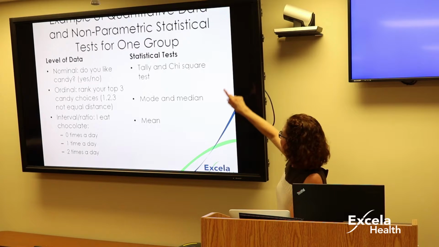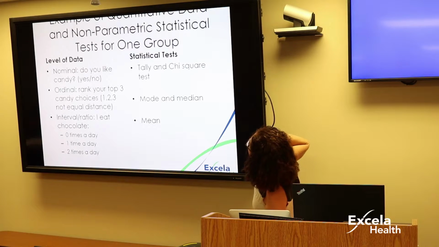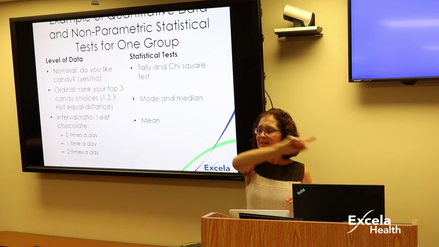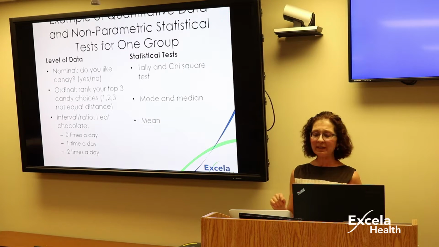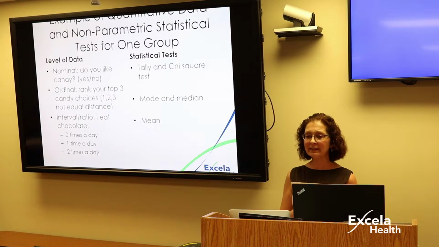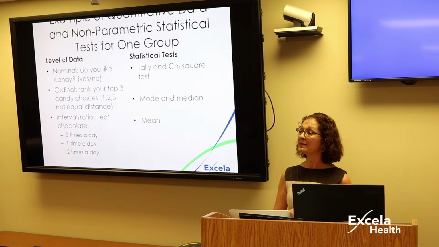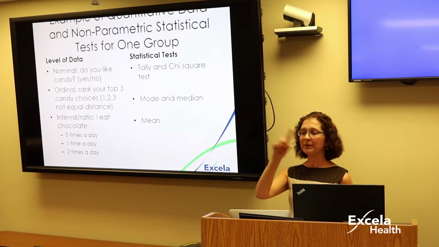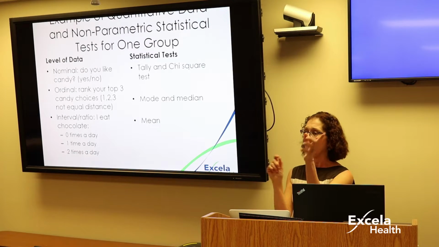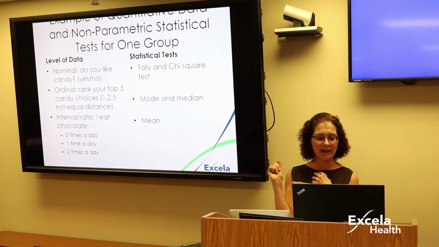Okay, so we have quantitative, for non-parametric tests for one group. So if we had this survey that we gave to all of you here, I'm going to give you a candy survey. Do you like candy, yes or no? So that would be a simple tally. You would add up for the 20 people in the room, how many liked candy and how many didn't, and you might be able to do a chi-square. Maybe.